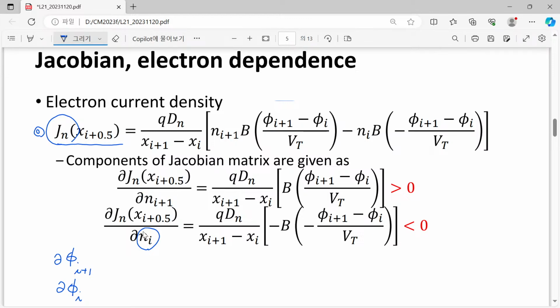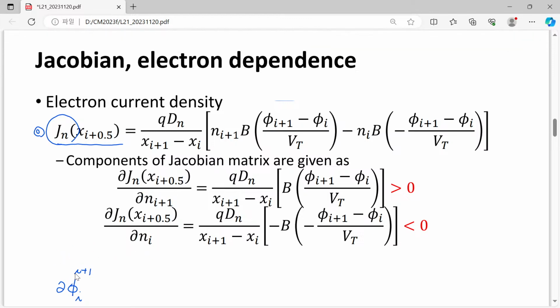You will implement it by yourself, and you will find that any mistakes in this implementation will give you degraded convergence behavior, or sometimes even diverging behavior. So please be careful not to make any mistakes in its implementation.